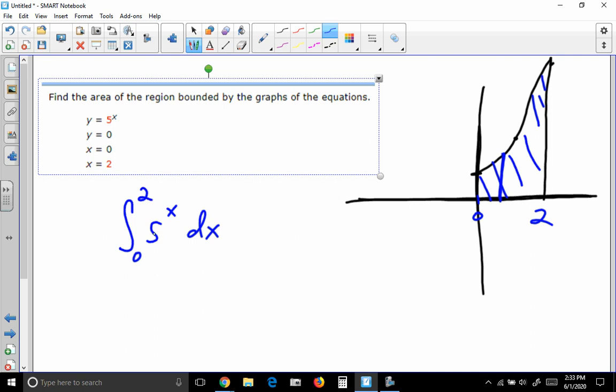So this integral gives us the area from our function to the x-axis. Now in the future, we'll look at, well, what if we're not going to the x-axis? What if we go past the x-axis or don't make it all the way to the x-axis? How do we handle that then? But since we're going to y equals 0, we are going to the x-axis.